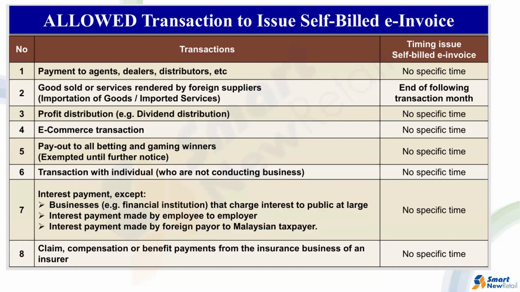Transactions like payment to agents, goods or service rendered by foreign suppliers, importation of goods, imported service, profit distribution like dividend distribution, e-commerce transaction, payout to betting and gaming winners, transaction with individuals who are not conducting businesses, then interest payment, except for businesses that charge interest. Okay. And the last is claim compensation or benefit payments from the insurance business of an insurer.